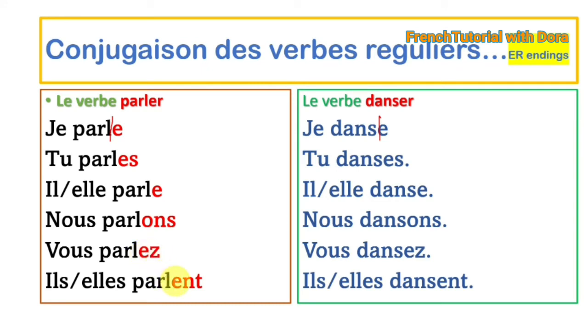And third person plural, ent. The same thing happened here: danse, danses, dansons, dansez, dansent. So that's the verbs parler and danser in the present tense.